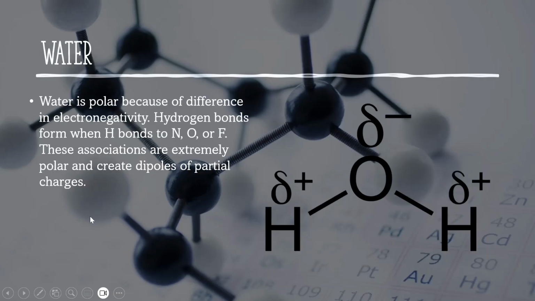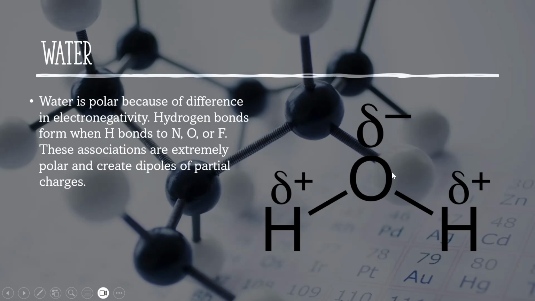So now we're going to talk about water. There's a lot of things you have to know about water. So I'll talk about the really basic chemical properties of water so you can understand how water is able to do what it does. The reason why water is so effective in all of the things it does is because it has an electronegativity difference.